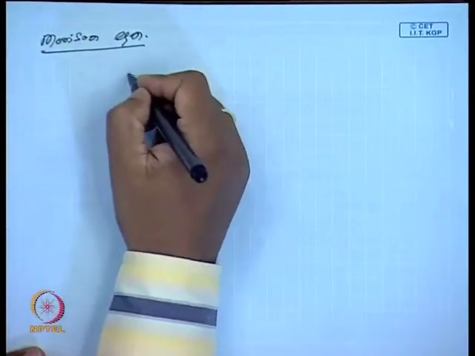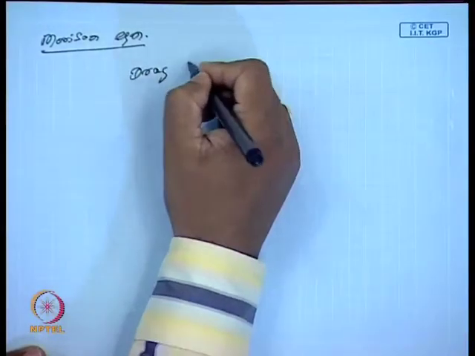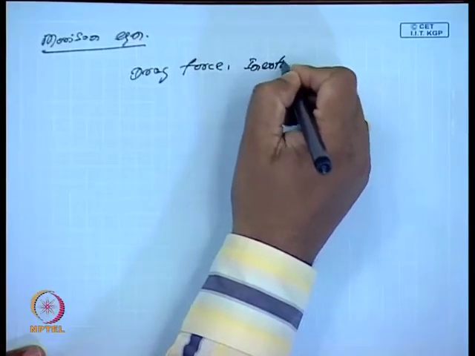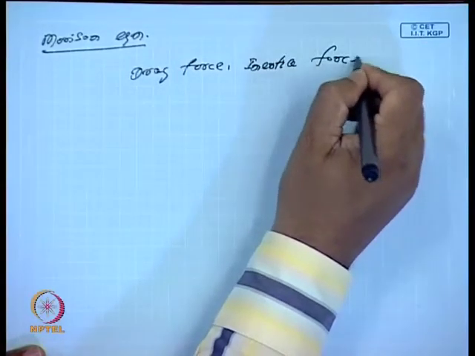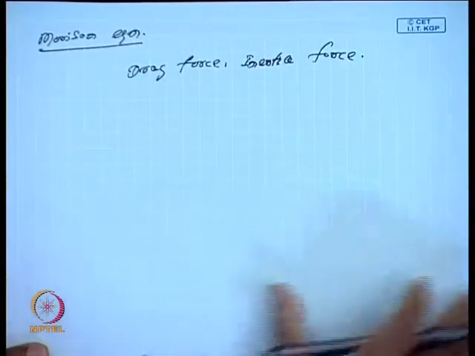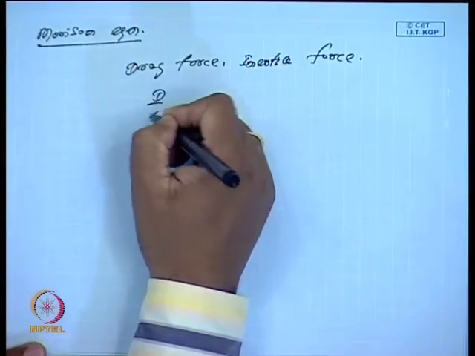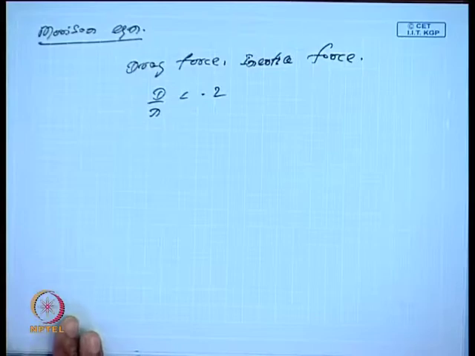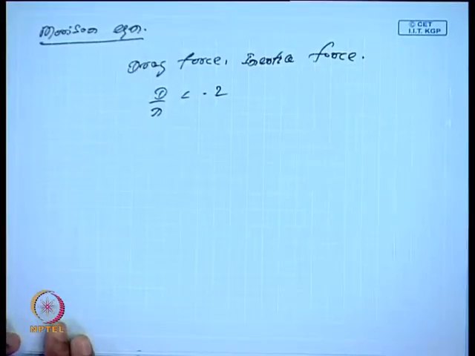this is based on the assumption that there are two components, one is the drag force, one is the inertia force. There are two terms in this, and this is more suitable when the structural size D by lambda is less than 0.2. Here it is a linear superposition of the drag force part and the inertia force part.